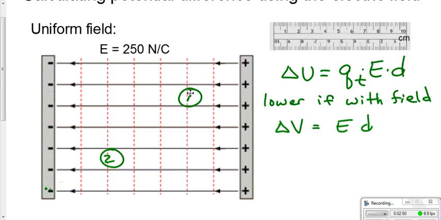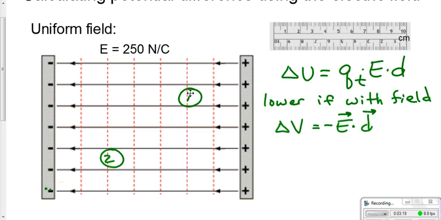But because we get lower as we move with the field, it helps to incorporate the angle by treating each of these as a vector, which is perfectly fine because the field is one, and the D we can think of as a displacement. Then instead of regular multiplication, we do dot multiplication of vectors and put a negative sign on the front, and that takes care of everything we'd need to do. So let's imagine doing it in this case here.